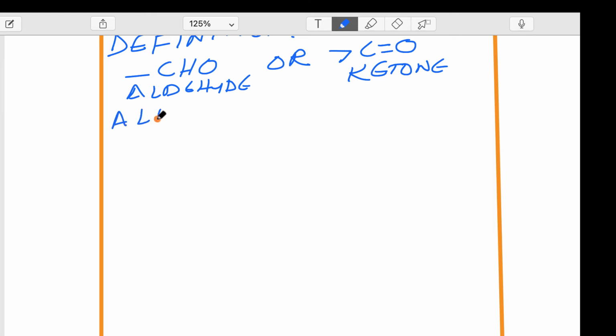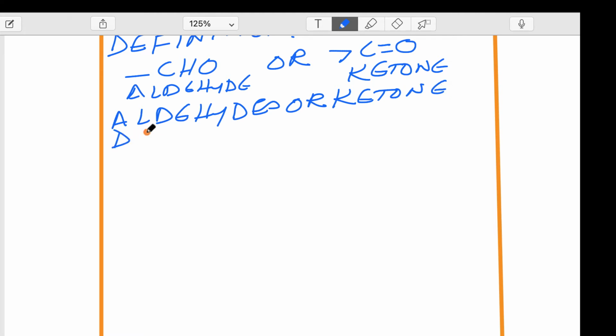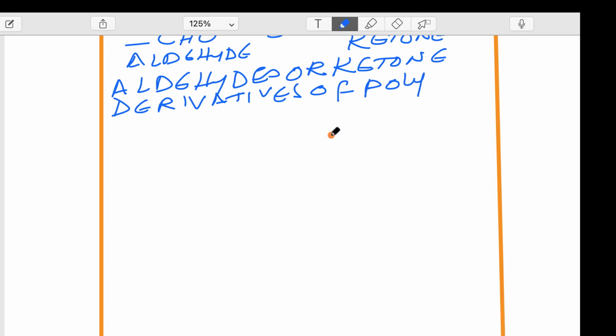We say aldehyde or ketone derivatives of, as I said, many hydroxyl groups are there, so polyhydroxy alcohols.